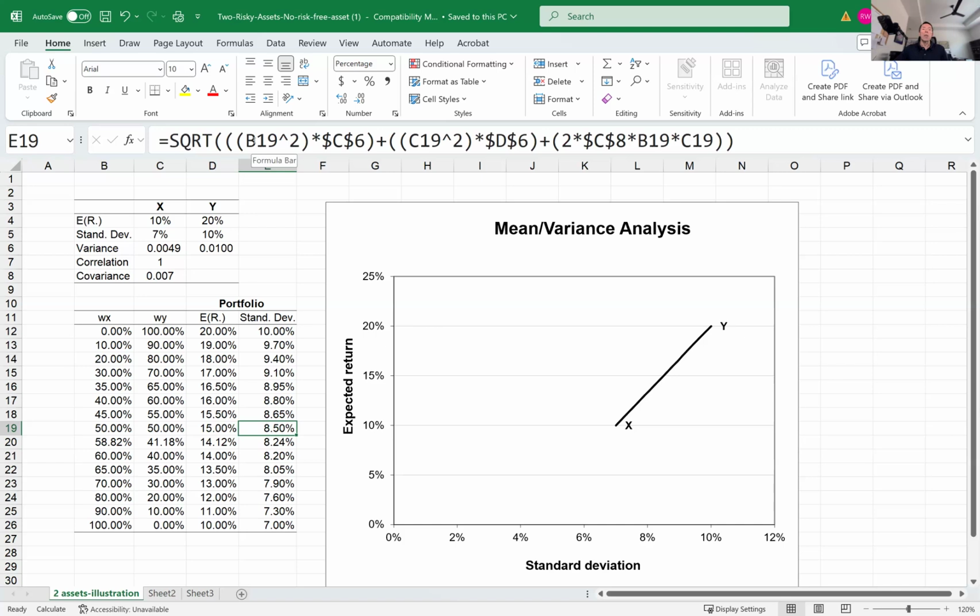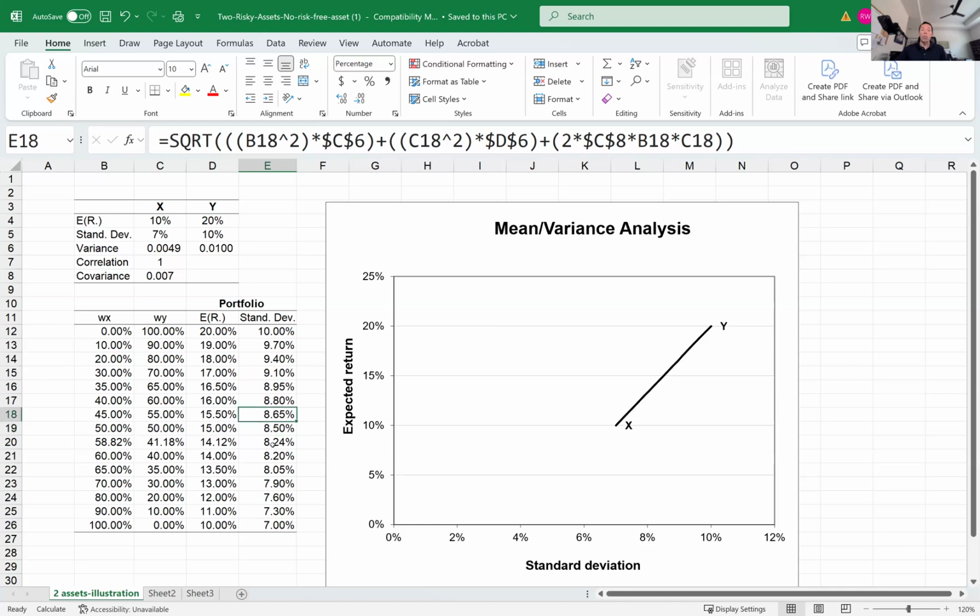It is the weighting on X squared times the variance of X, plus the weighting on Y squared times the variance of Y, plus 2 times the weighting on X times the weighting on Y times the covariance between X and Y. That is our formula for the variance of a portfolio that has two assets in it, and then the square root gives us the standard deviation of that portfolio.